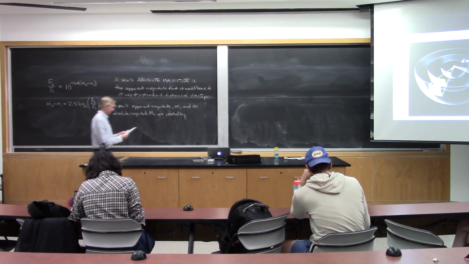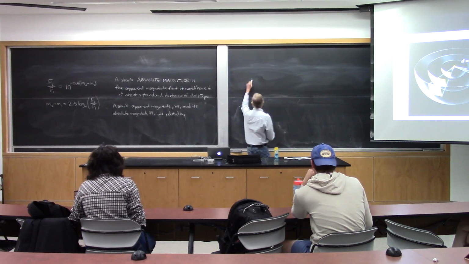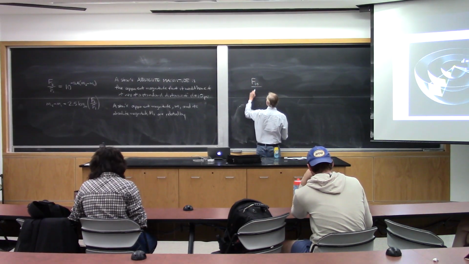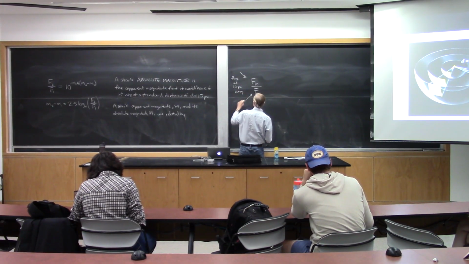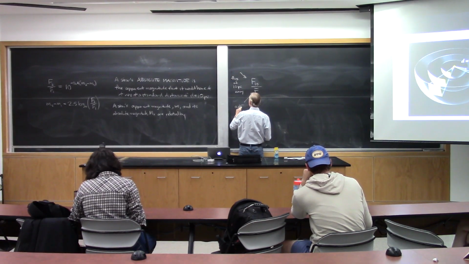So we'll say that the flux ratio, F10 divided by F, right? So it'll be flux at 10 parsecs away from the star, and F there will be actual flux at Earth.